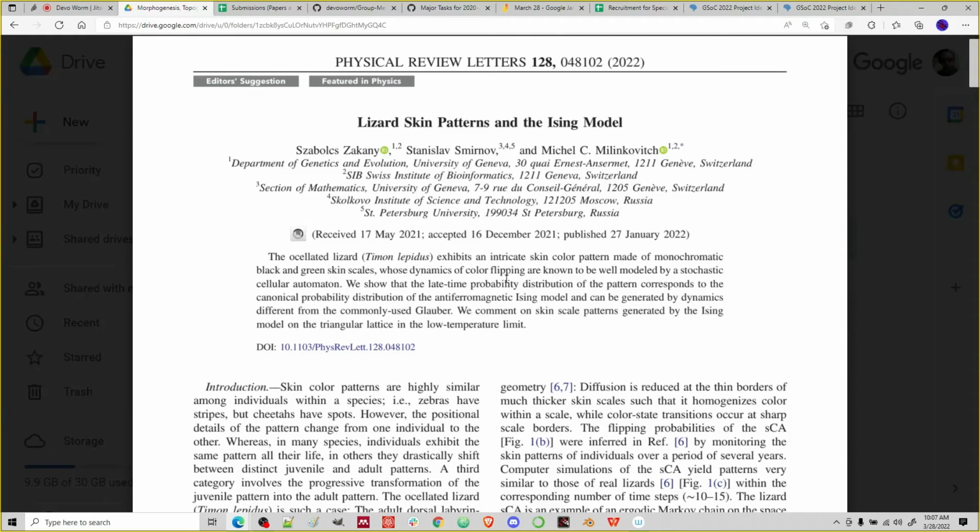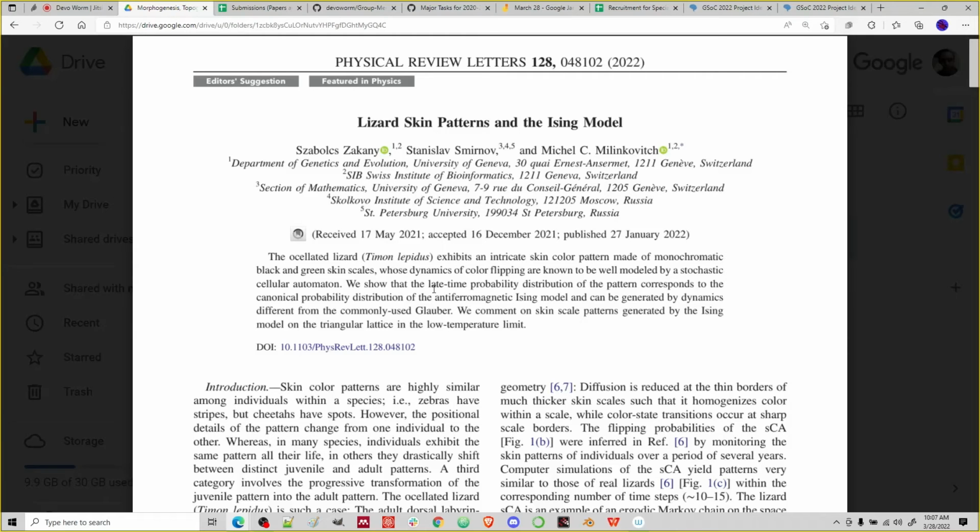Lizard skin has a lot of nice patterns on it, and they form through this sort of morphogenetic process. In this case, the ocellated lizard exhibits an intricate skin color pattern made of monochromatic black and green skin scales. The dynamics of color flipping are known to be well modeled by a stochastic cellular automaton.